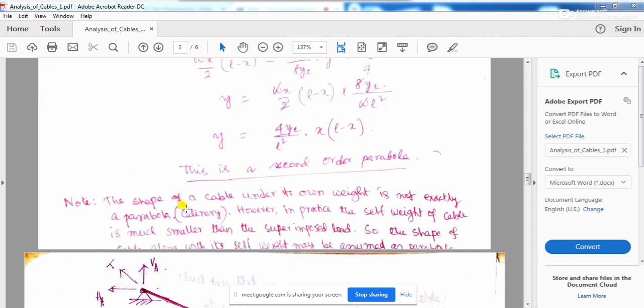The shape of a cable under its own weight is not exactly a parabola. If you take the weight of the cable itself, because the cable will also have its own weight, the shape will be a kind of catenary. However, in practice the self weight of the cable is much smaller than the superimposed load, the load coming from the bridge deck to the cable.